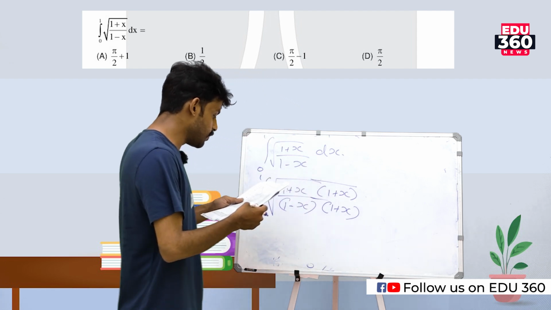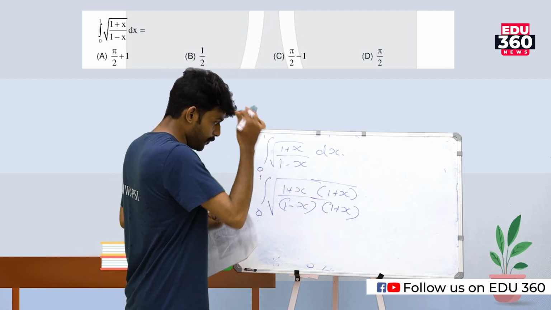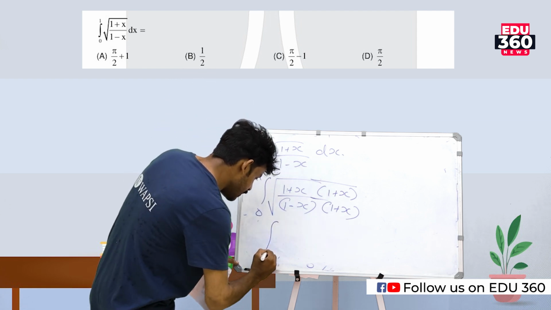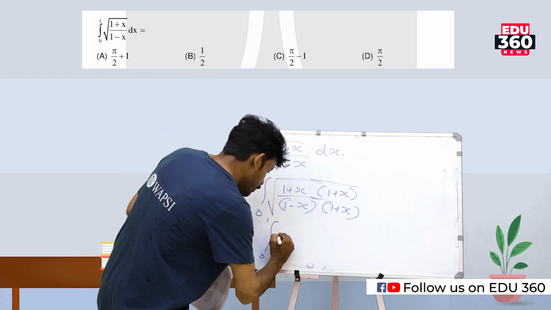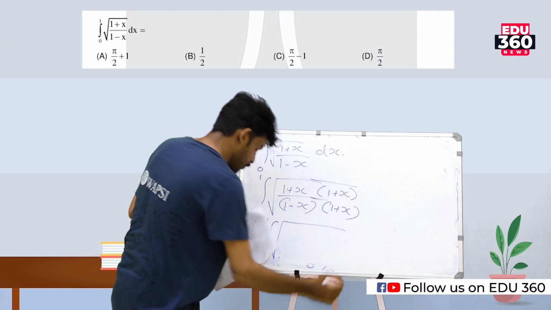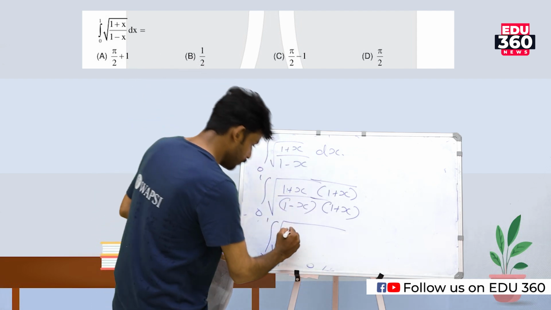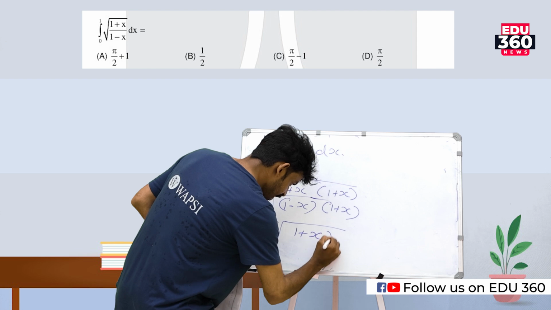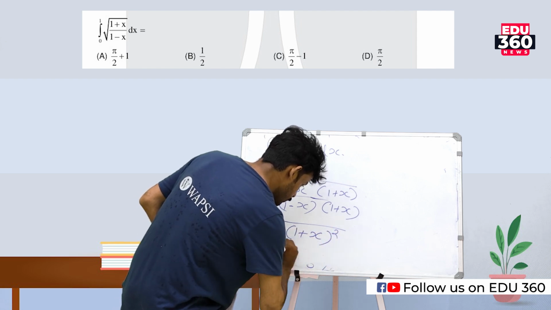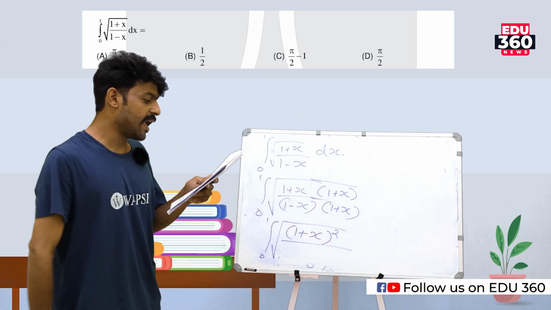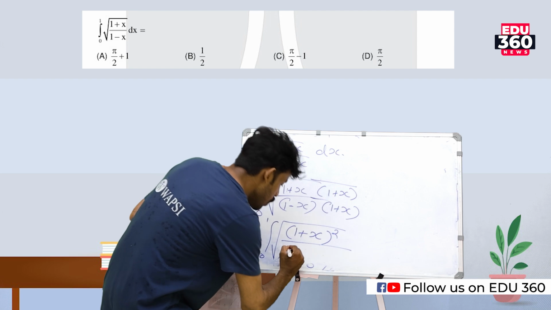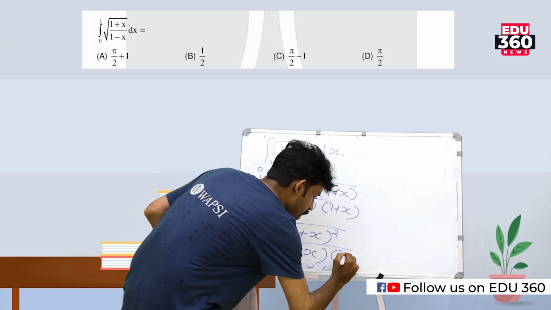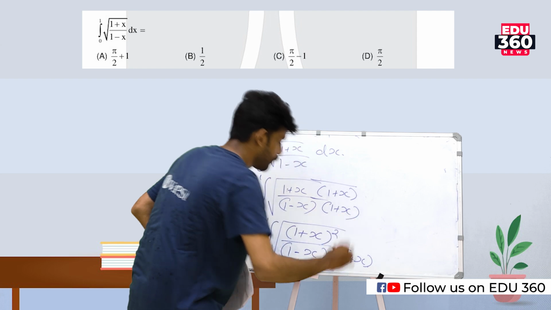So hereafter for this one we can write it as integral 0 to 1 root of 1 plus x the whole square divided by 1 minus x into 1 plus x.